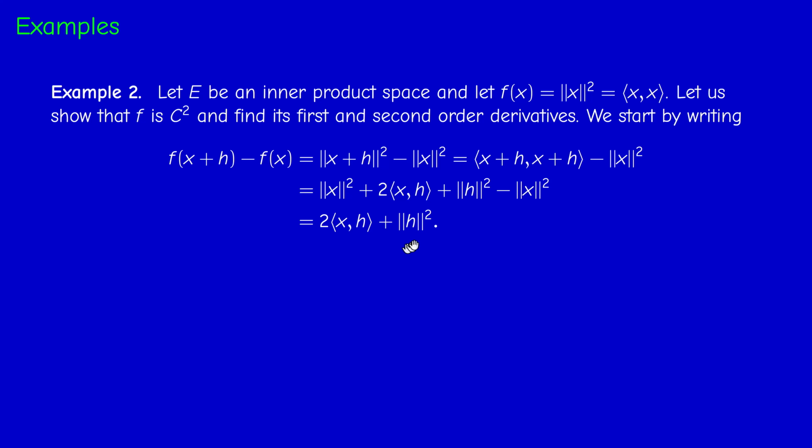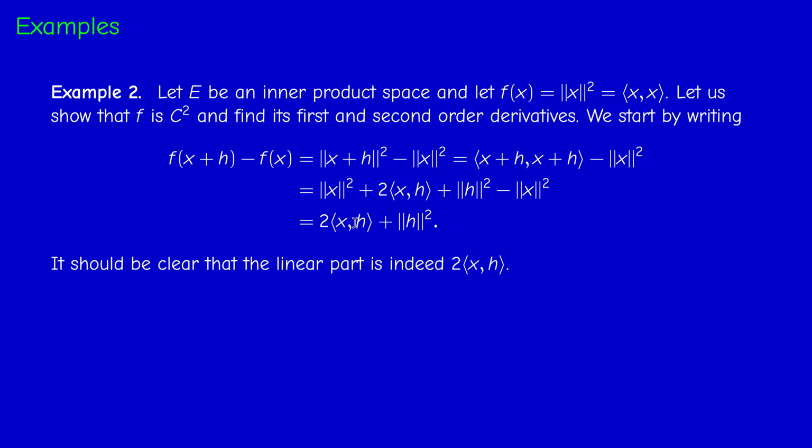You have to look at the linear term in this expression. The linear term is necessarily this one. And of course, it's bounded in h, because in absolute value, by the Cauchy-Schwarz inequality, this is less than the norm of x times the norm of h. So this is linear and bounded in h. This is a very good candidate. It's the only candidate for being the first order Fréchet derivative.